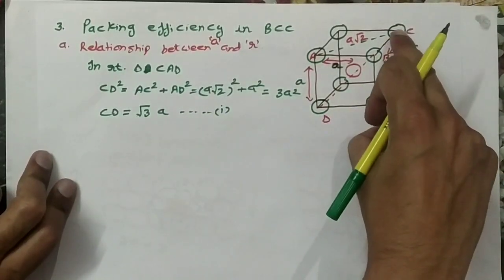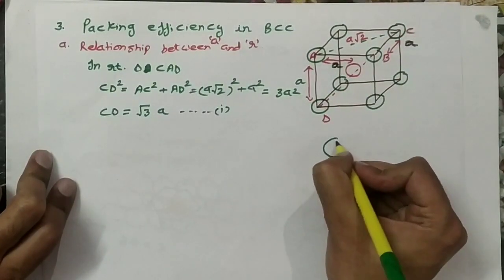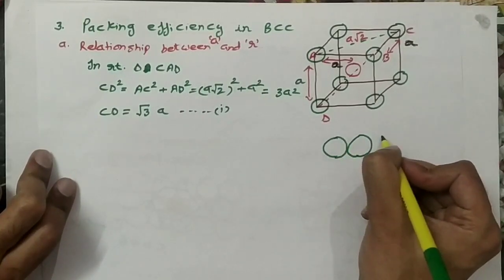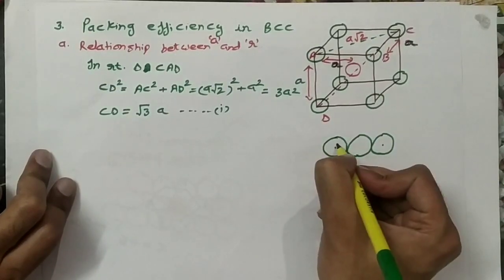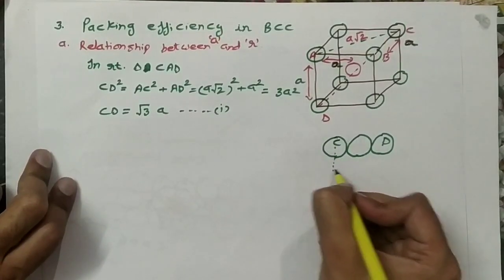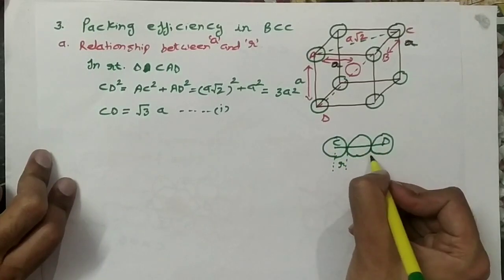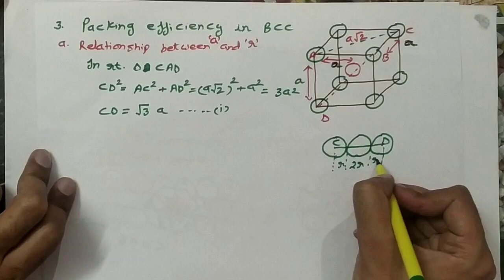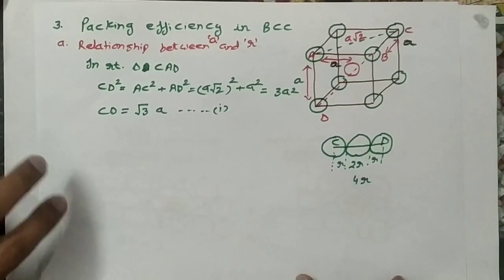Also this CD, 3 atoms lie in a line like this. This is point C, this is point D. Distance from C to D is r plus 2r plus r, equal to 4r.